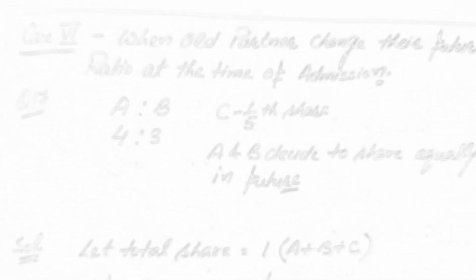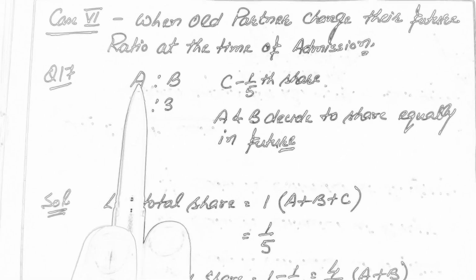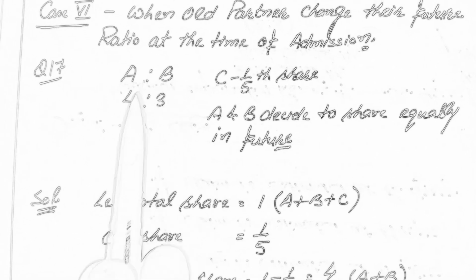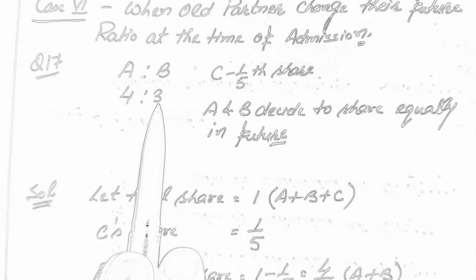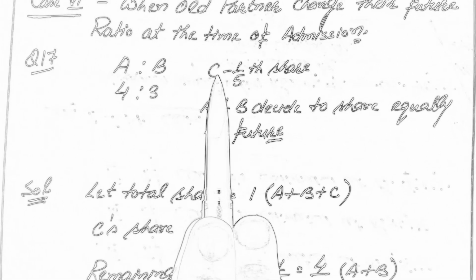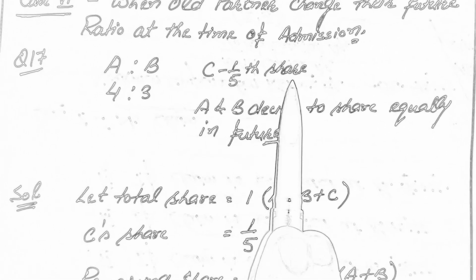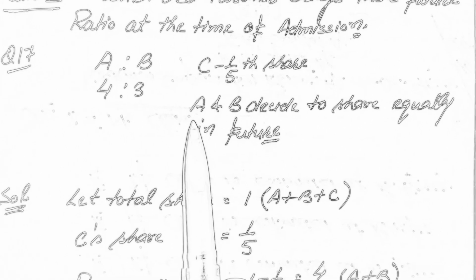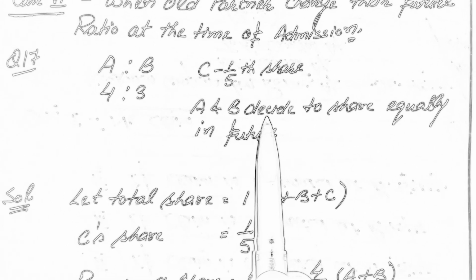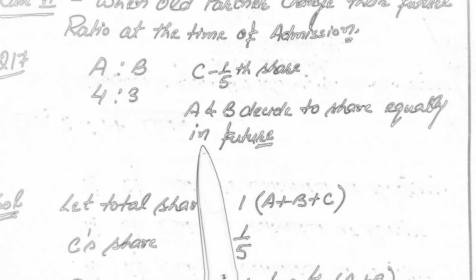Now if you brief up the question, we have two partners A and B. Their profit sharing ratio is 4:3. C is admitted as a partner for 1/5 share in profit, and at the time of C's admission, A and B decide to share equally in future.